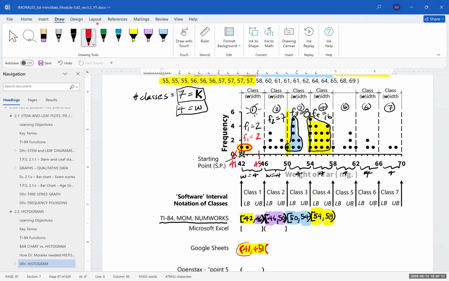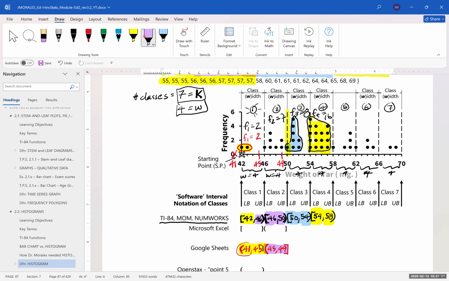So left parentheses, right bracket. And we'd have 45 and add 4. That'd give us 49. So now we want values that are greater than 45 and less than or equal to 49. So let's see, here's 49.